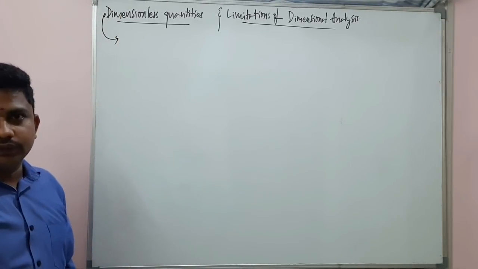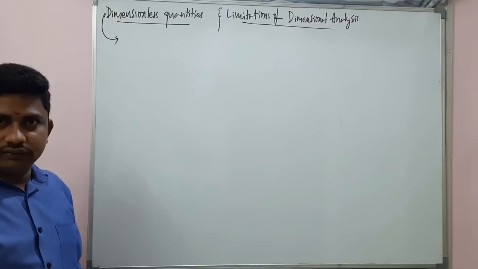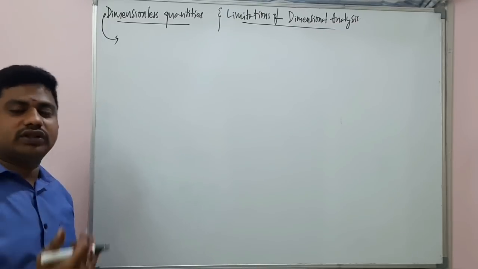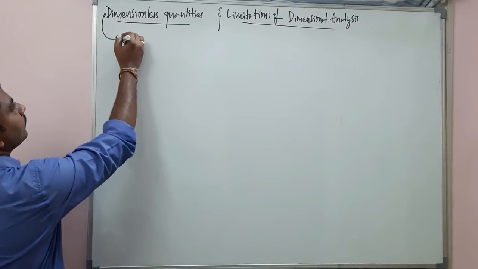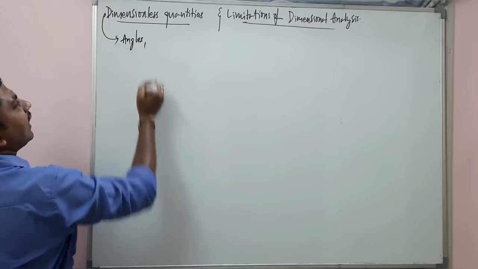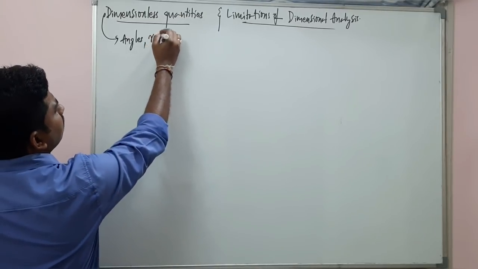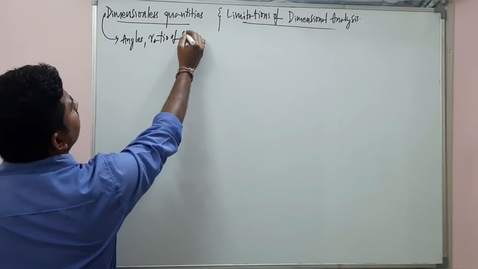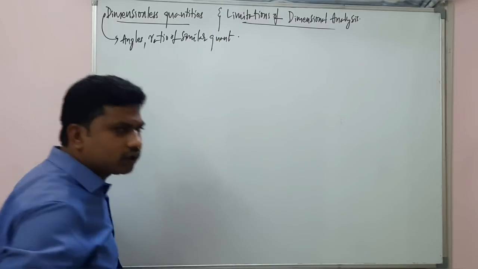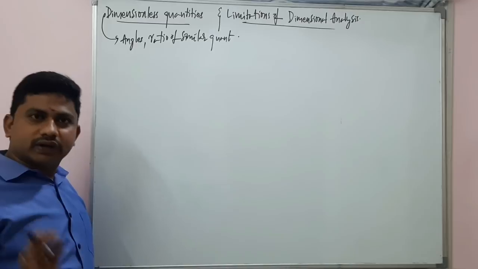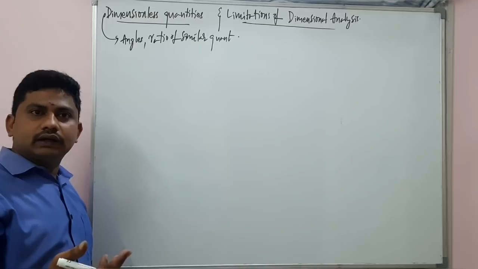Some we already know: angles and ratios will not have a dimensional formula. But some more things are to be understood in dimensionless quantities. What do we know already? Angles will not have any dimensions, and a ratio of similar quantities also will not have any dimensions, like relative density and refractive index.